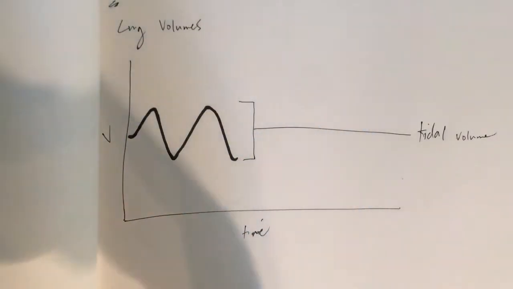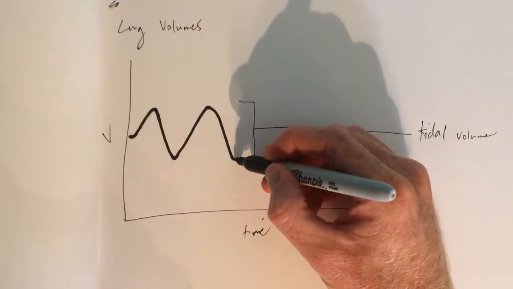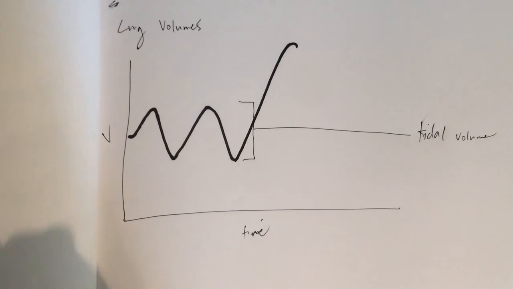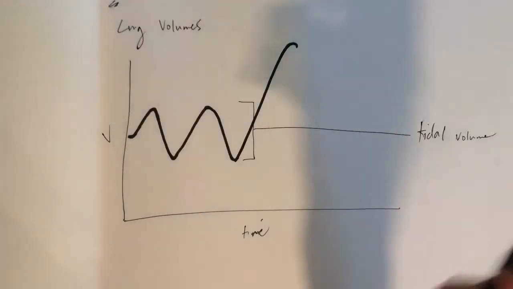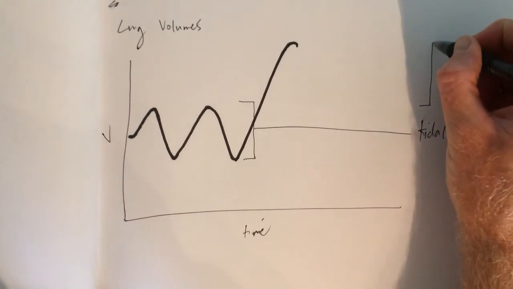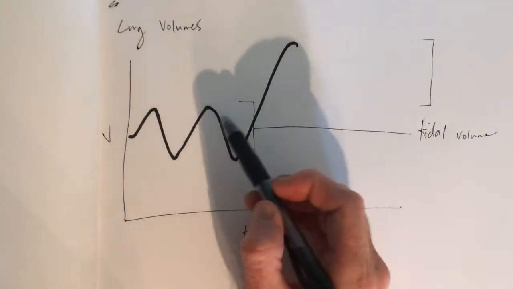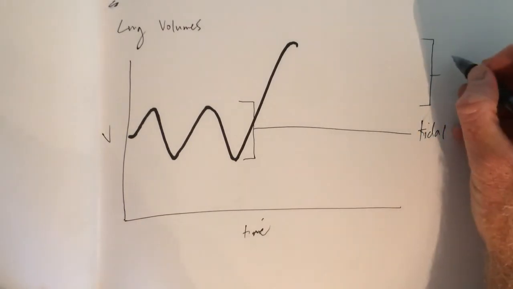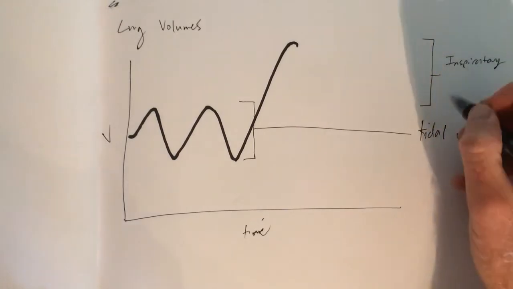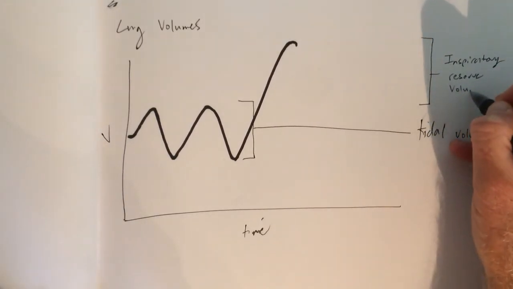Now let's say you just finished exhaling a normal breath and you inhale as much air as you can, okay? The volume of the extra air that you inhaled above the top of your tidal volume, that's called inspiratory reserve volume.